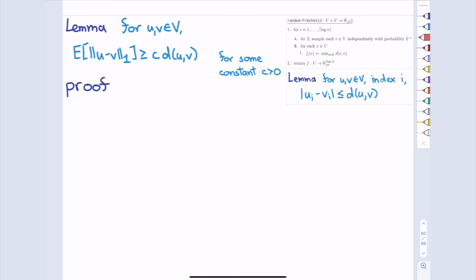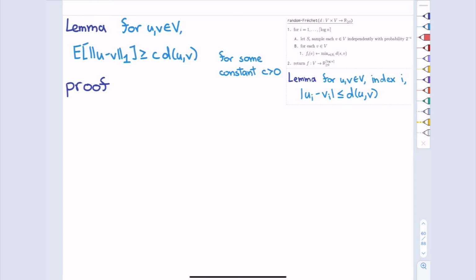At some level we showed that each coordinate i is sort of shrinking, so there is some risk of shrinking too much. So maybe there's some constant, maybe 1 over 10 or something, that we're preserving up to this factor of 10.